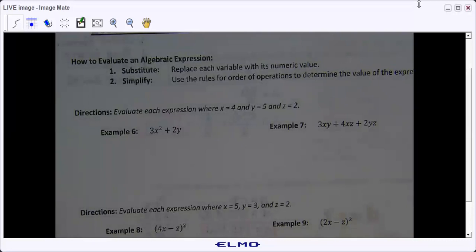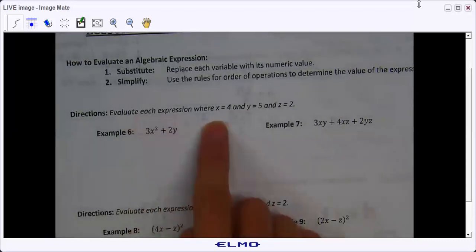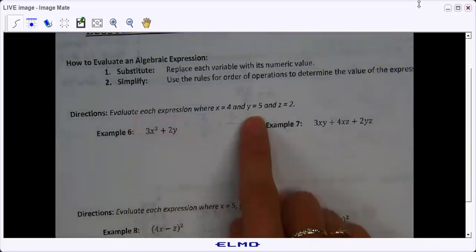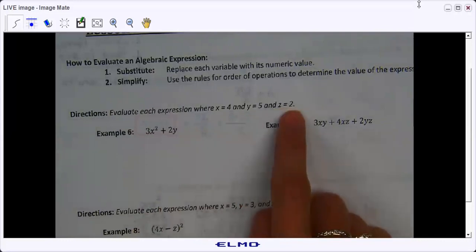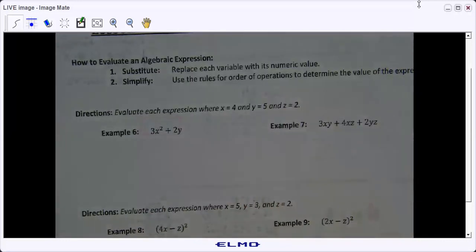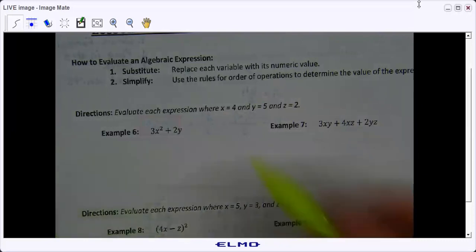So, directions. Evaluate each expression where x is 4, y is 5, and z is 2. Sometimes, to make it easier, we can highlight those if it will help. So, for example, I can make my x's yellow.